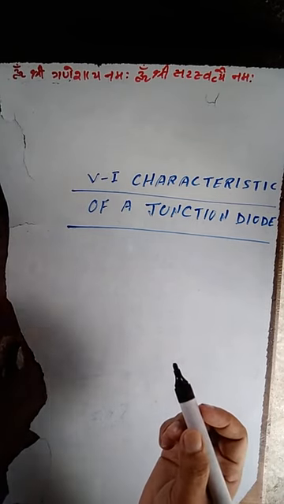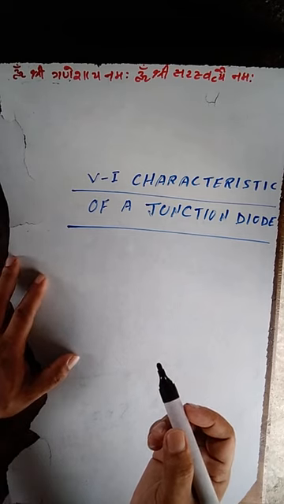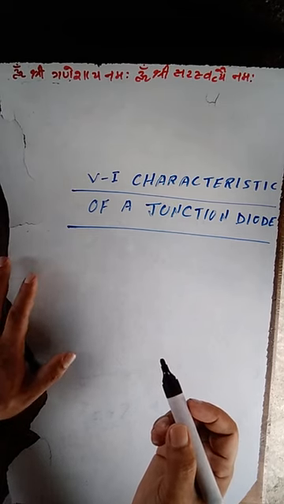The charge carriers in a junction diode are electrons as well as holes.